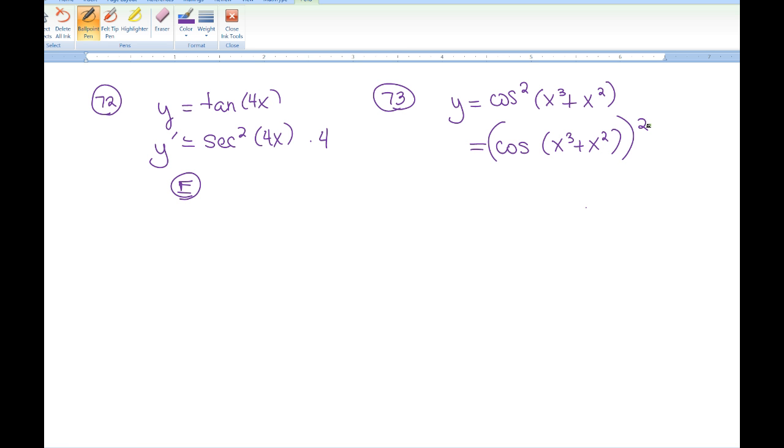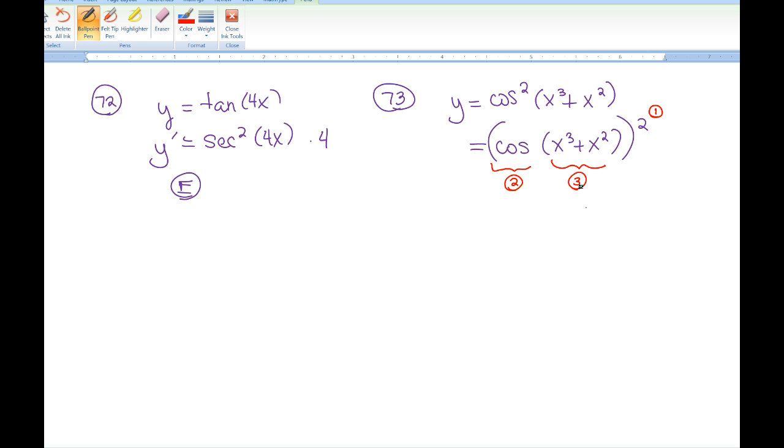Often you'll see the squared or the cubed. It helps to rewrite it so the power is on the outside, so you can see that's the first thing you have to do. So we'll move the 2 out in front. Do you want me to write the numbers so we know what order? Yes. So this is number 1, taking care of the power. Cosine will be number 2. The x cubed plus x squared will be number 3.